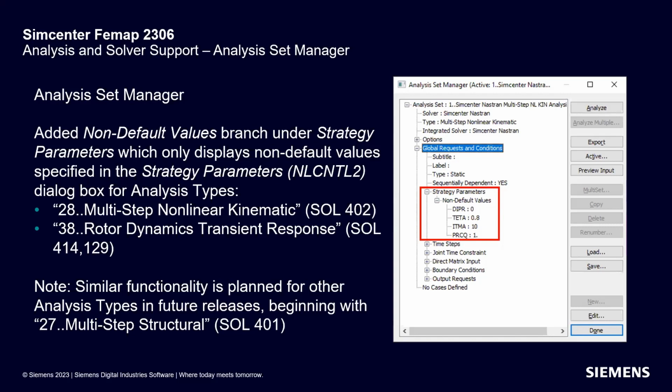This was sort of the first step, and the one we're probably going to do next is solution 401, our multi-step structural solver, because that's probably the most similar and has the most different parameters on a single dialog box. So again, just showing the non-default values makes a lot more sense.